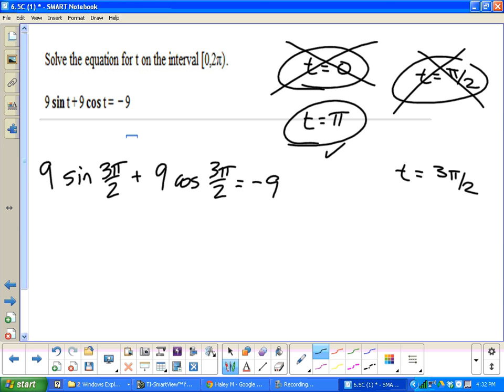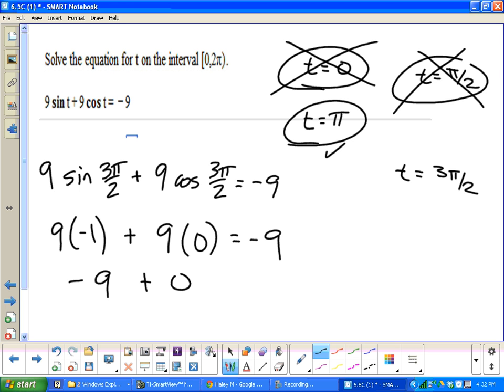What's the sine of 3 pi over 2? That's negative 1. So we're at 9 times negative 1 plus 9 times the cosine of 3 pi over 2, which is 0. So I think this is going to work. We're going to get negative 9 plus 0 equals negative 9, so that's true. So 3 pi over 2, he's a good guy, he works.